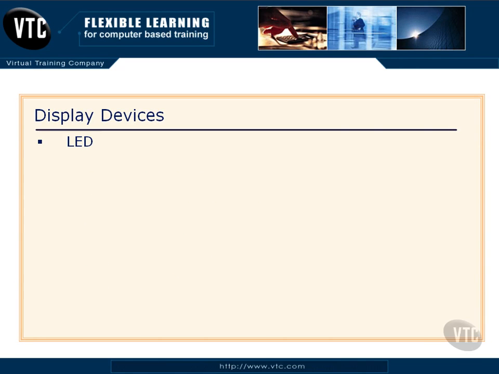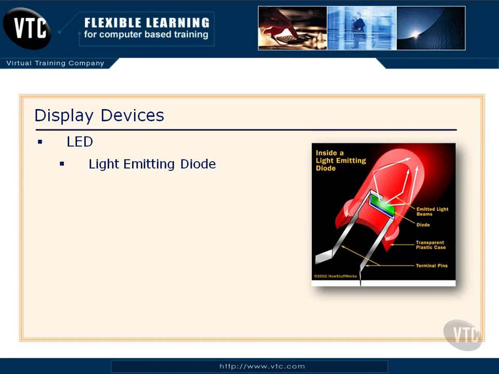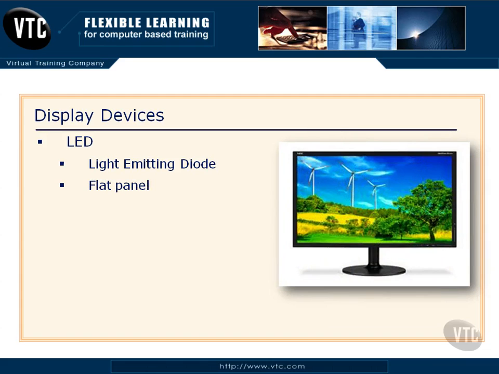Because when we talk about an LED, now we're talking about a light emitting diode. The little diagram you see here is a simplistic representation of how a light emitting diode works and what's going on inside there. If you want some fascinating reading, go out and read about this. But the bottom line is they pack quite a few of these little things together and then kick off colors. This is also called a flat panel.